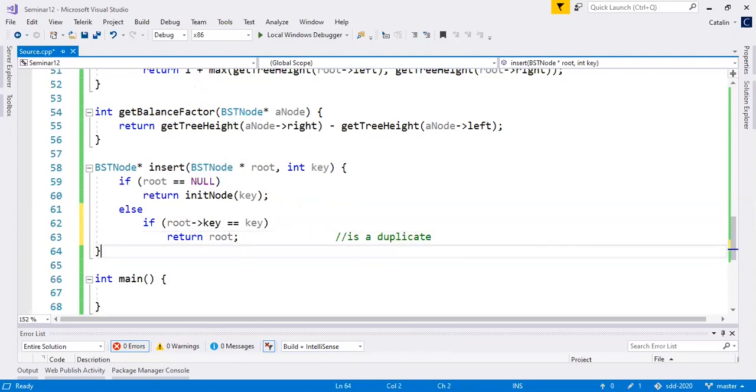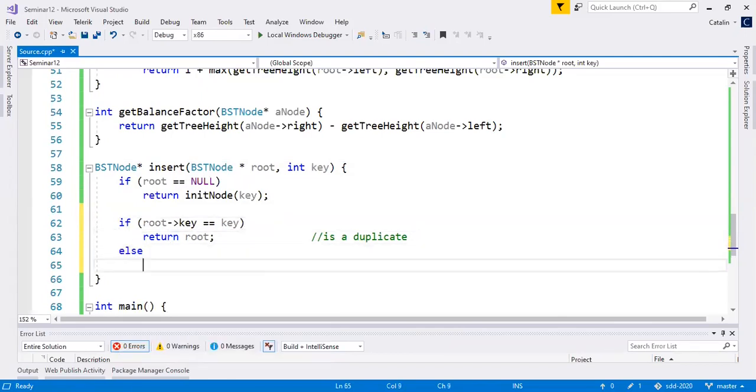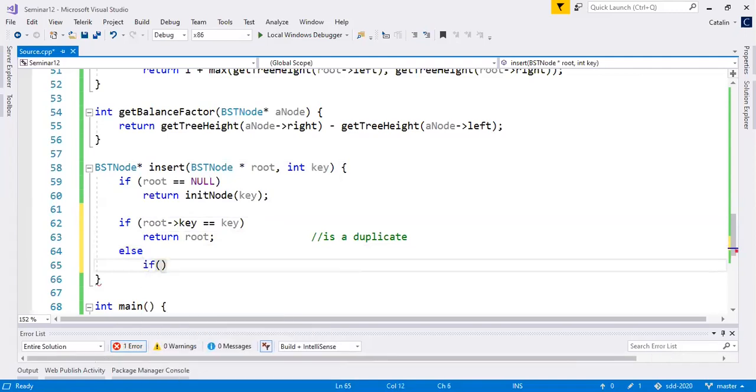Now like I said, I think it's the first time I write this if else. Let's not write it. Okay, and else if root key greater than key, it means we need to find the location for this one on the left side, so it's greater than the key.